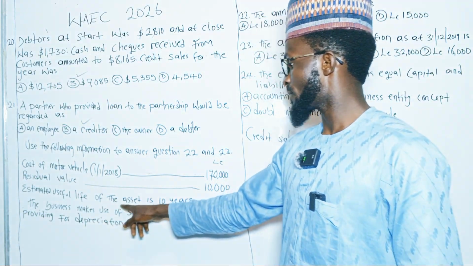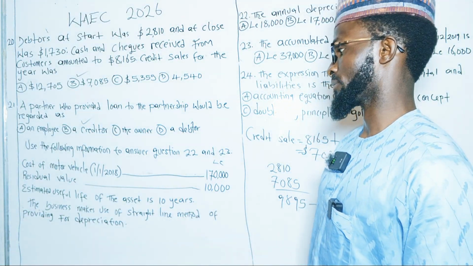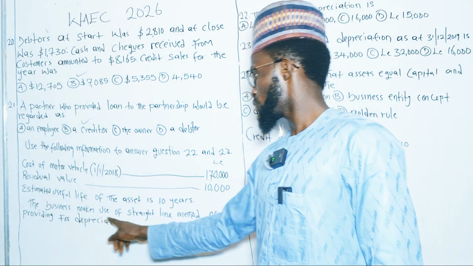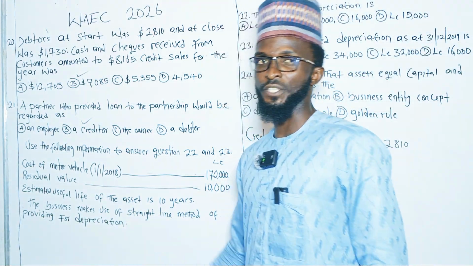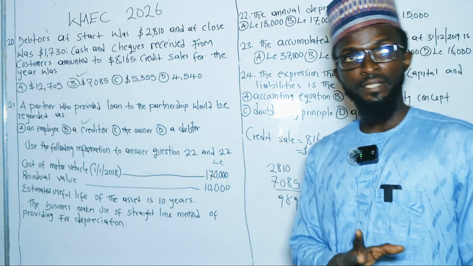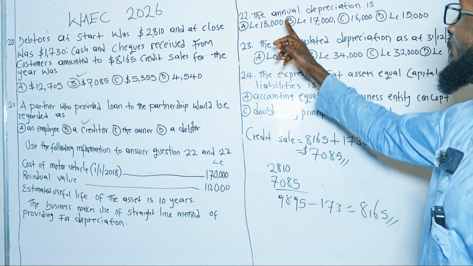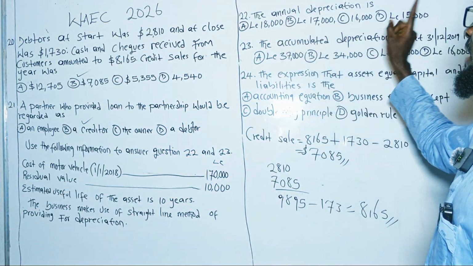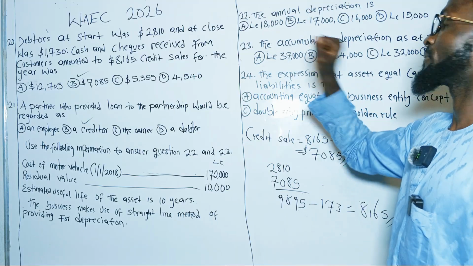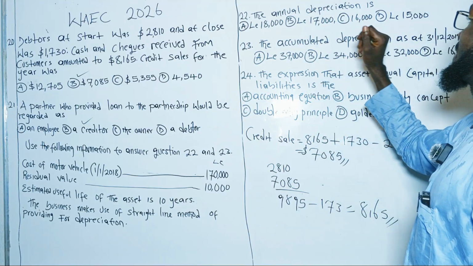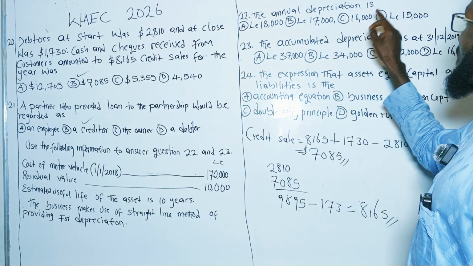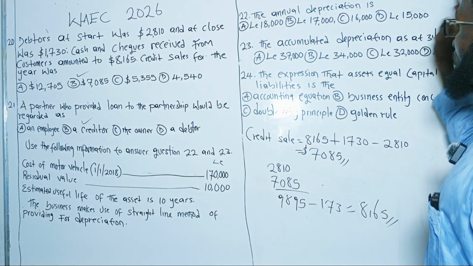Estimated useful life of the asset is 10 years. The business makes use of straight line method of providing for depreciation. Here is the question. The annual depreciation is A, 18,000 lei, B, 17,000 lei, C, 16,000 lei, D, 15,000 lei.